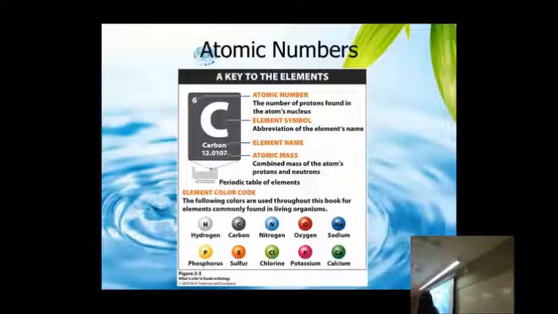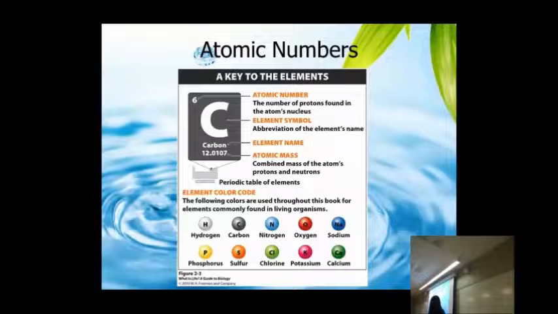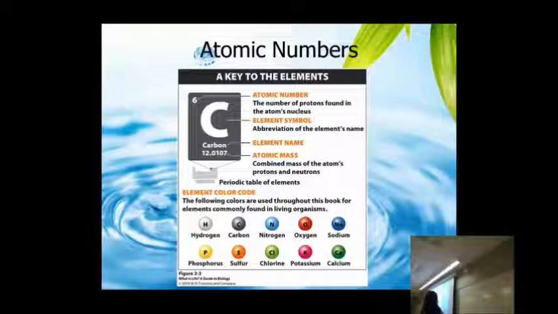But we have here some of the most important ones: hydrogen, carbon, nitrogen, and oxygen. Those are the big four, the ones that are really important for life. Also found in living organisms is sodium, phosphorus, sulfur, chlorine, potassium, and calcium.